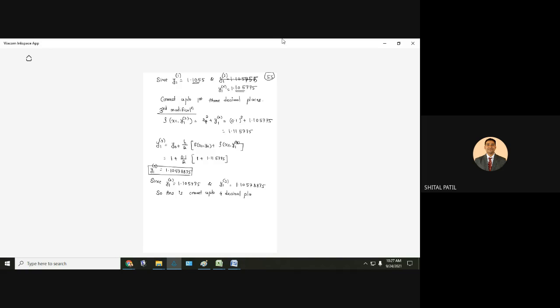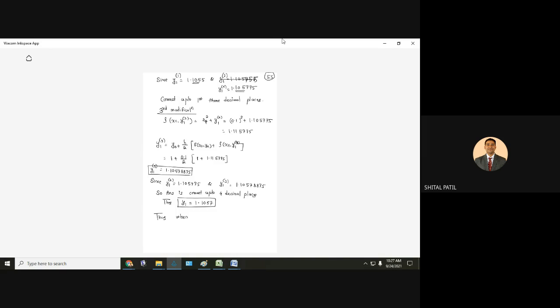So we'll stop here. Now the question remains which value of y1 we have to consider, and since it is correct up to 4 decimal places, we have to consider this as the answer. We cannot consider the next digits 75 or 8875. If you want to consider the fifth digit, you have to find a few more modifications.